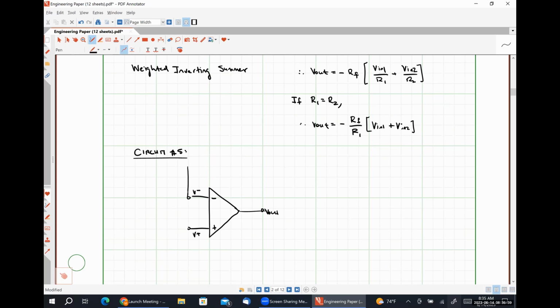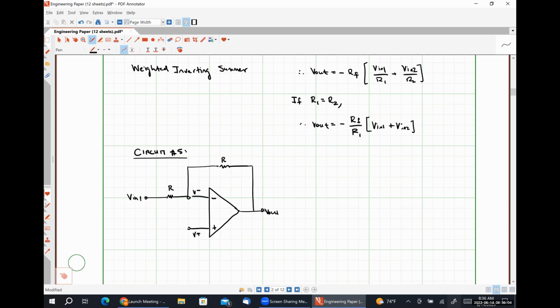I'm going to apply my feedback resistor, which in this particular case, I'm just going to label as R. I'm going to use an identical resistor here. So this one is also R. And I am going to apply my first input voltage here.